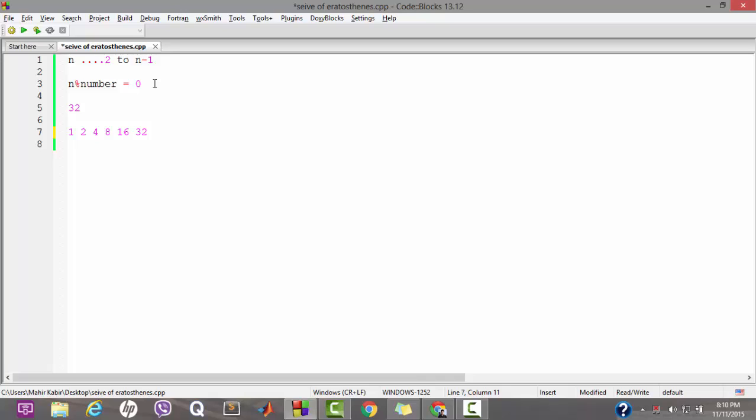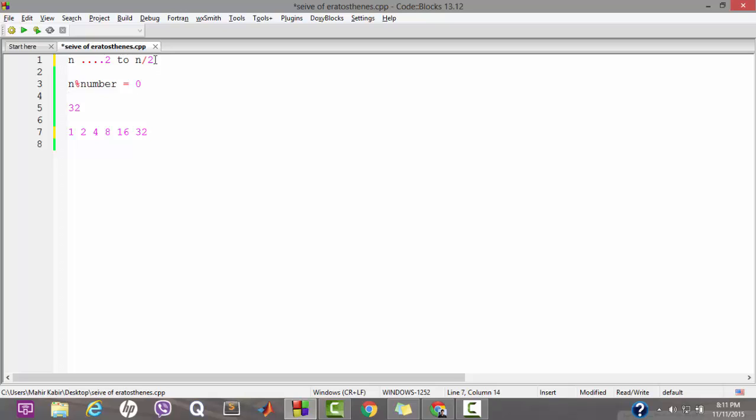Any number which is greater than half of 32 can never be a factor of 32, since even if it is multiplied by 2, for example 17, which is 1 more than half of 32, we will get 34, which is greater than 32. So if we run the loop up to n/2 and check if any number divides n perfectly, we can find whether it is prime. Okay.